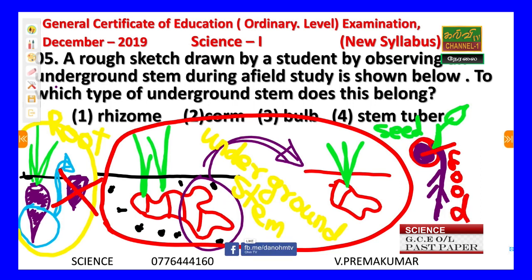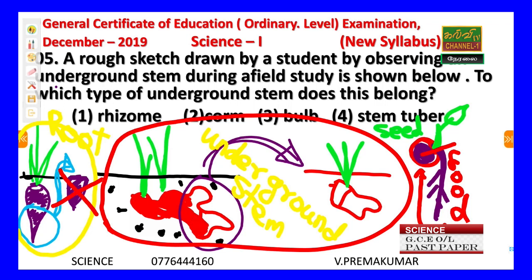Why is the food important to grow? When it germinates, the stored food is used to germinate and make the tissues. Like that, the underground stem also stores food.